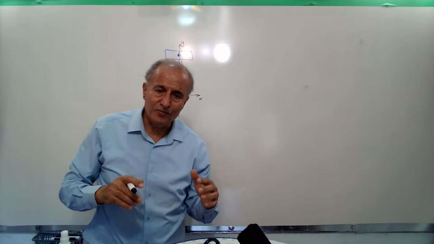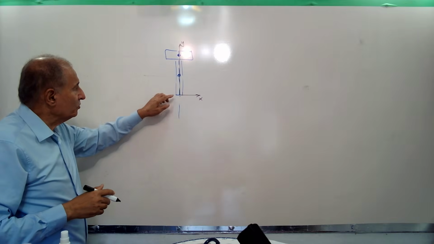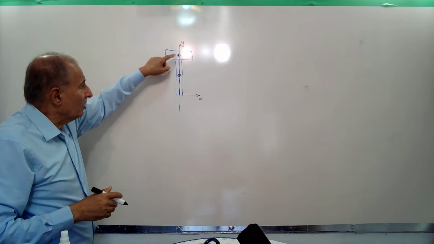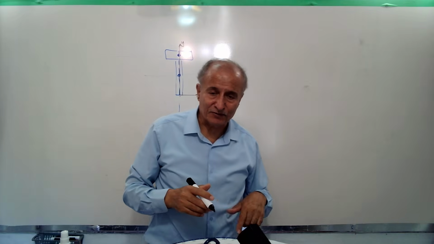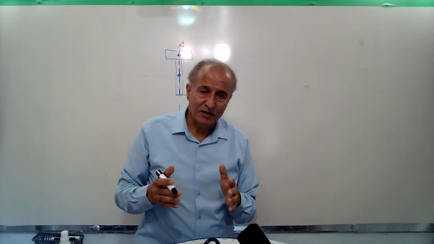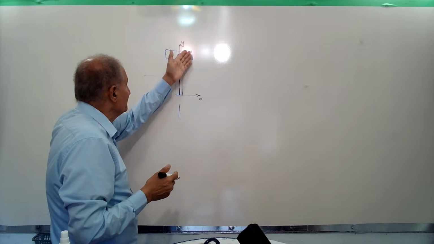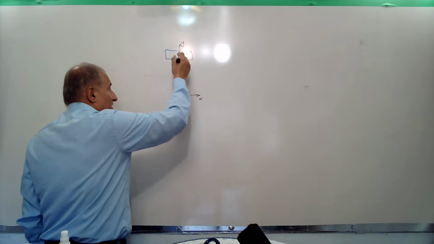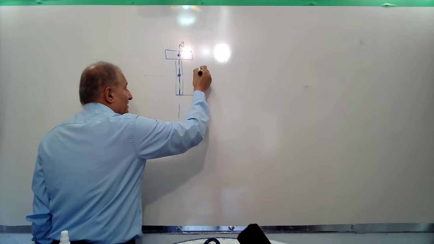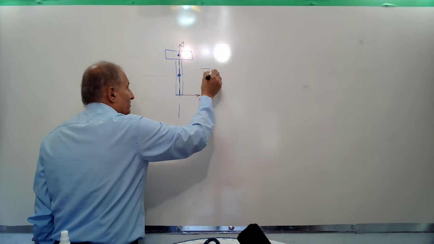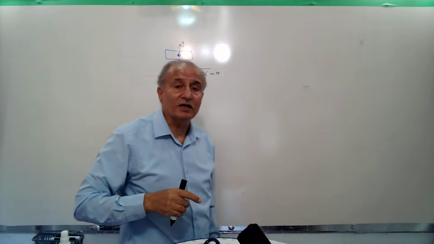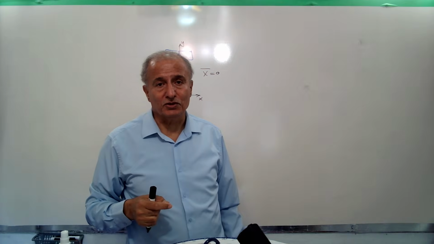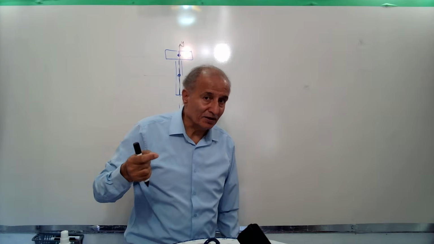Then, we know that the centroid is always on the axis of symmetry. Then the centroid of this composite shape is on the y-axis. It means that x bar, the x coordinate of the centroid, is 0. It is located on the y-axis. But where?